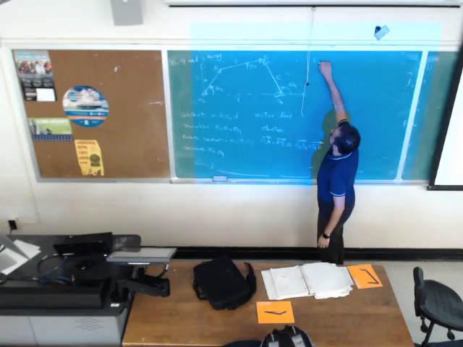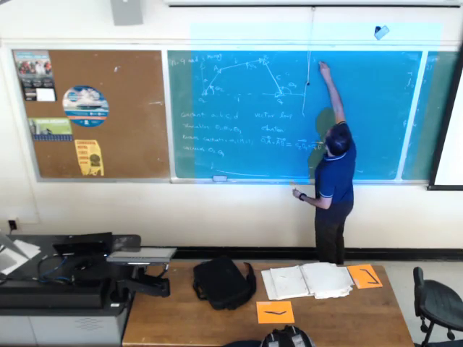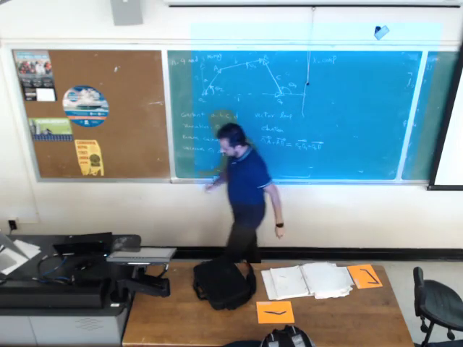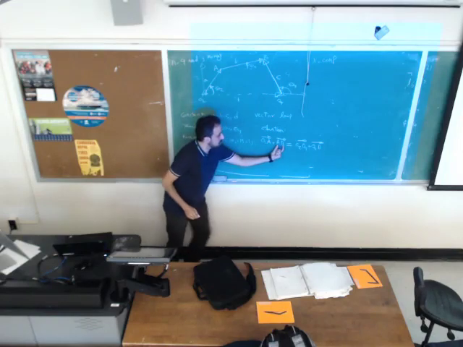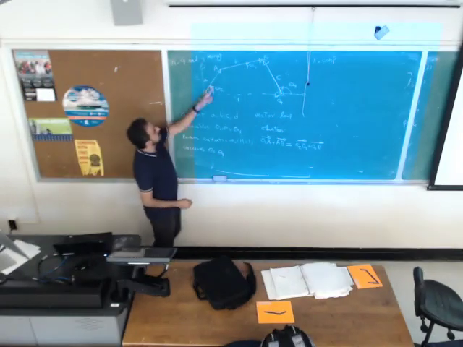Now, the rest is just the mathematical part. I'm looking at this vector loop equation. For each vector, I'm writing the x component.